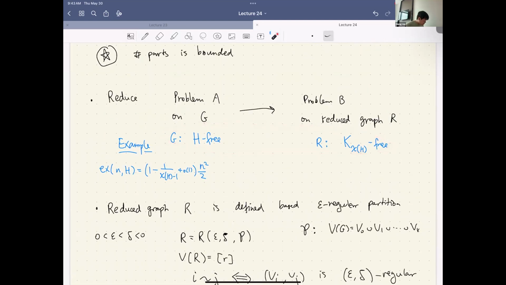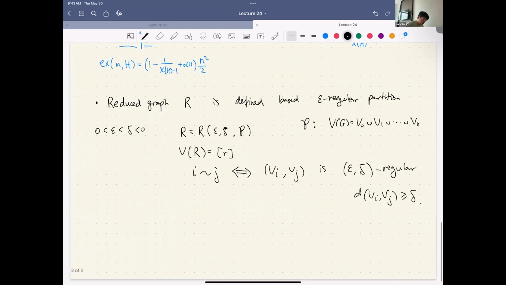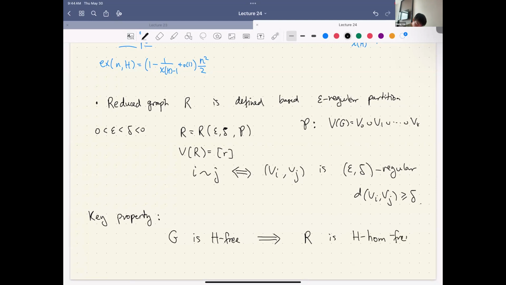One of the things the embedding lemma is basically saying, a key property, is that if G is H-free, then it implies that the reduced graph R is H-homomorphism-free, meaning it does not have any homomorphic image of H.